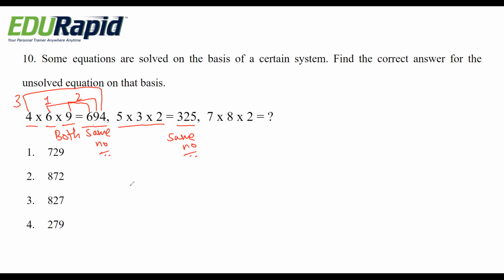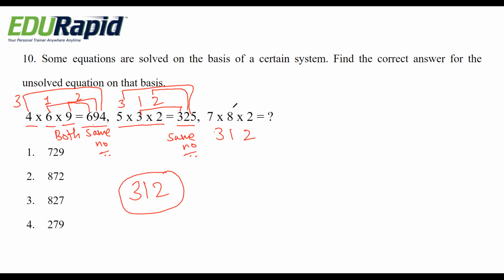So it is in a pattern of 312. First one is 3, second one is 2, and third number is 5. So here also 312 pattern. First one is 8, second one is 2, and third number is 7. So it is 872, option 2.